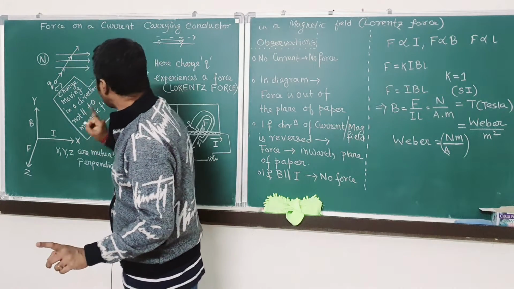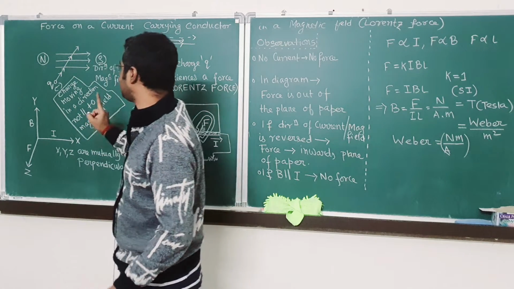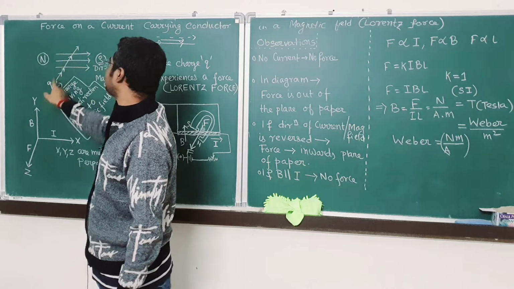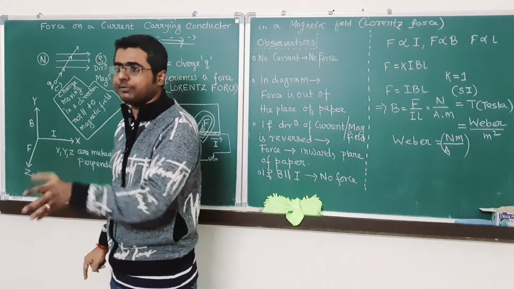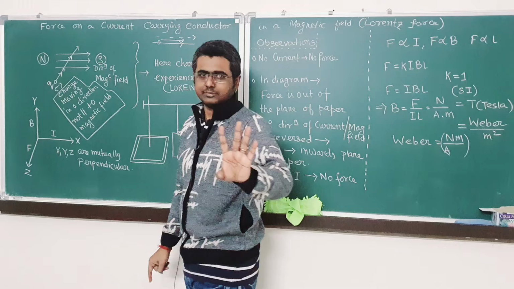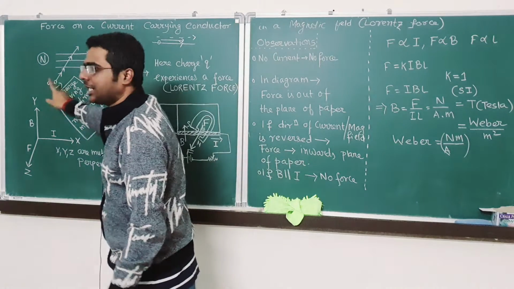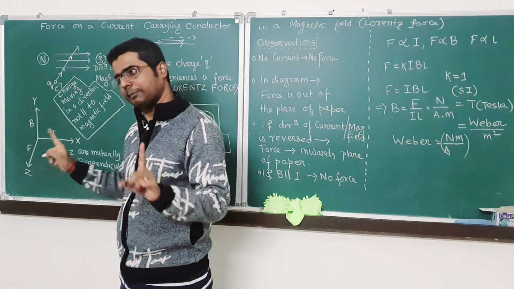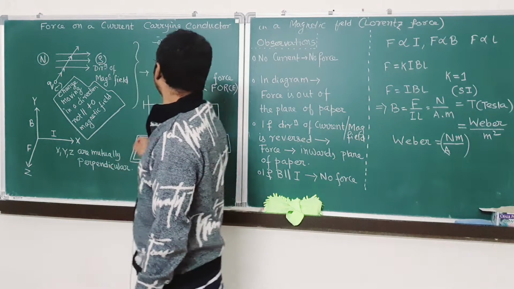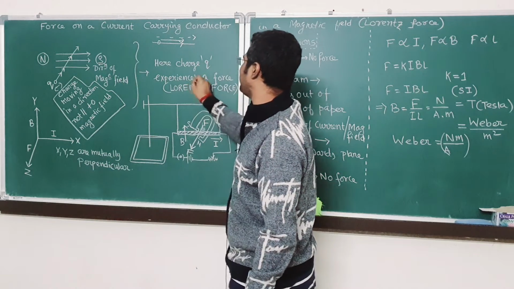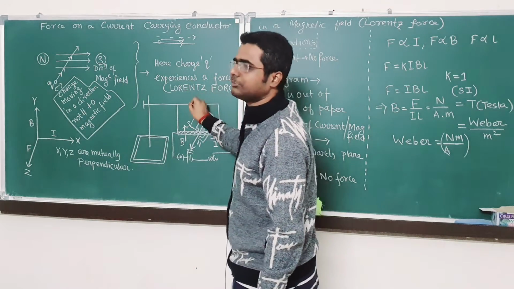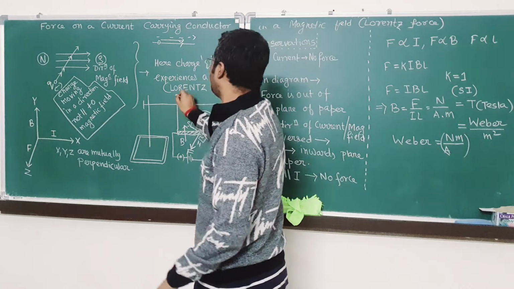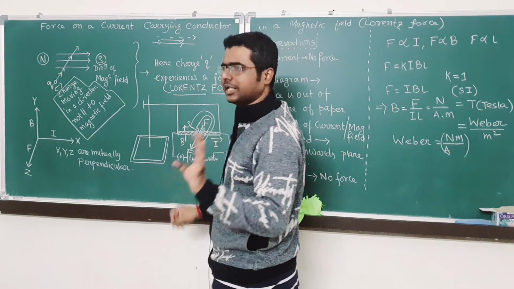So if the direction of the movement of the charge is not parallel to the magnetic field, that means this charge cannot move parallel to the magnetic field for my experiment, okay? If this moving charge is not parallel to the magnetic field, then this charge experiences a force which is named as Lorentz force, by the name of a scientist.